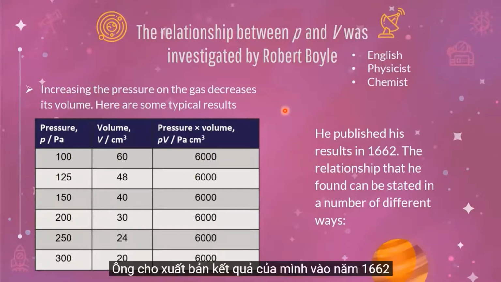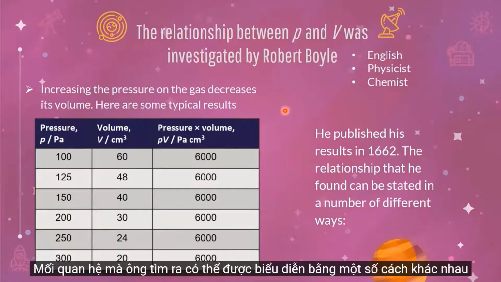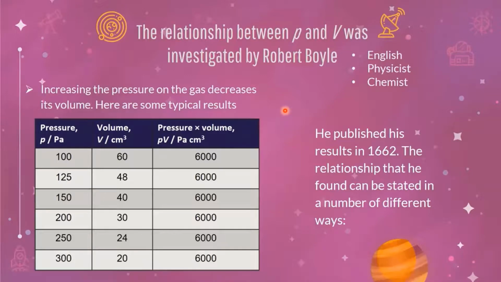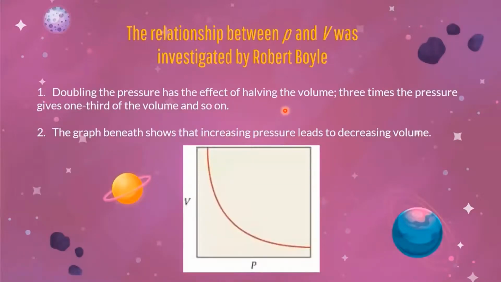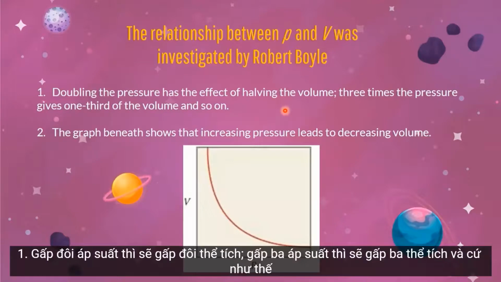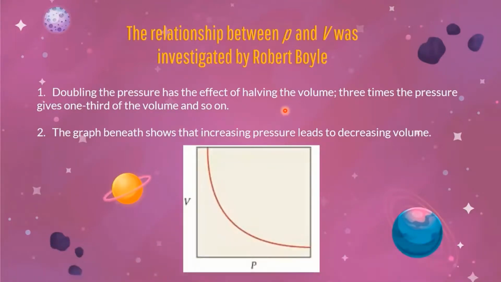He published his results in 1662. The relationship that Boyle found can be stated in a number of different ways. Number one, doubling the pressure has the effect of halving the volume, and 3 times the pressure gives 1/3 of the volume, and so on.